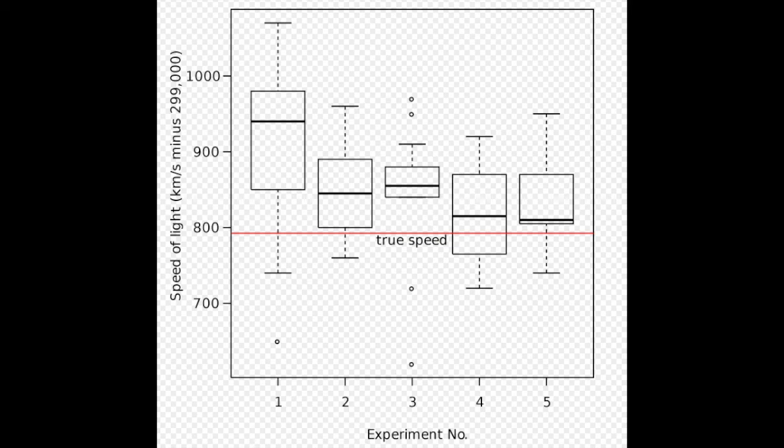On the screen you can see box plots of the Michelson-Morley experiment, which was done in the late 19th century and was looking at whether the theory of the ether was true or not.